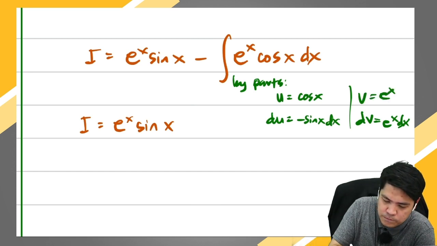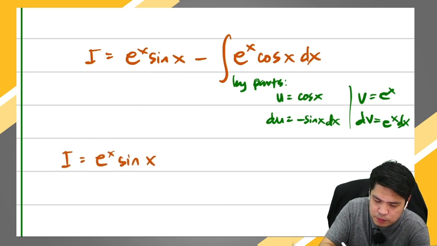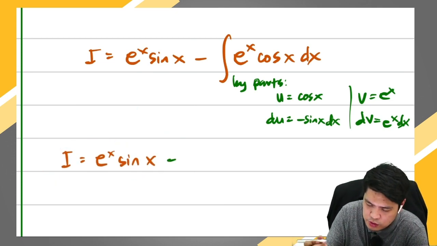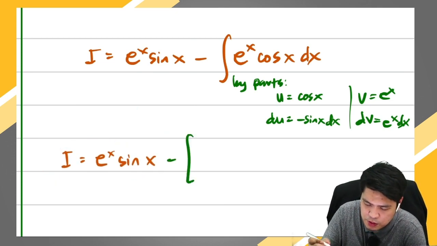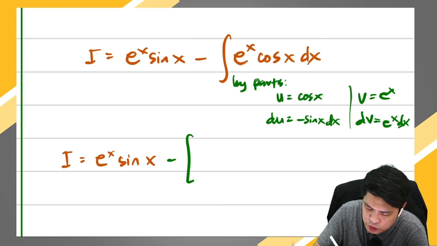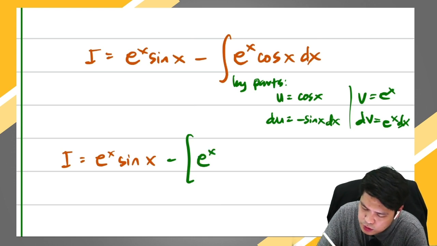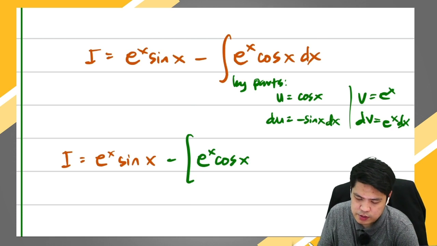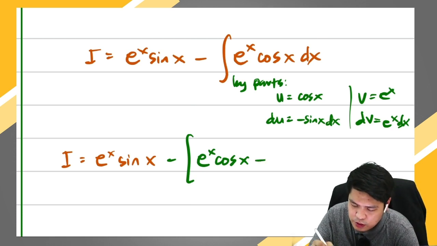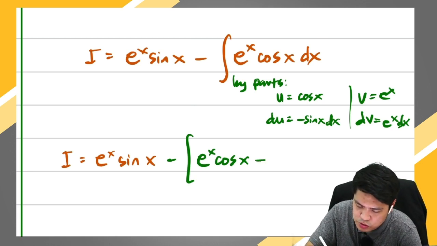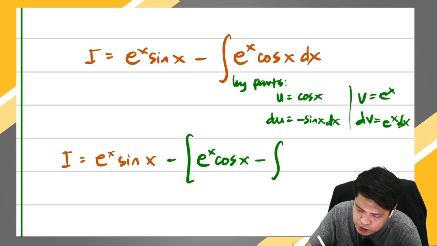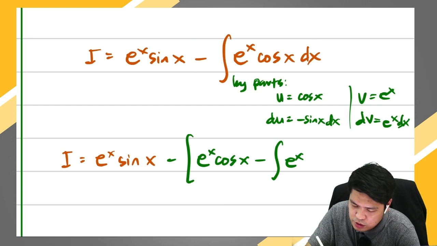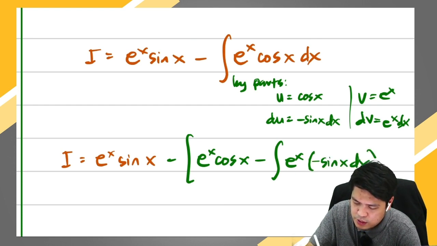So that would become, by integration by parts again, uv, which is e to the x cosine x, minus the integral of v du, so the integral of e to the x times negative sine x dx.